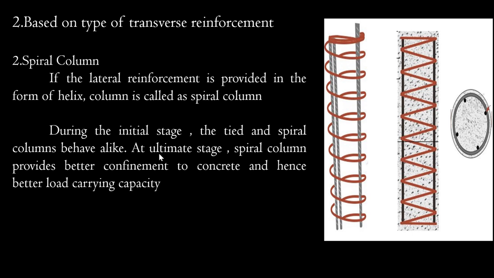At the ultimate stage, the spiral helix provides better confinement to the concrete, and hence it will carry higher load. That we will study when we design a helically reinforced column. Okay.